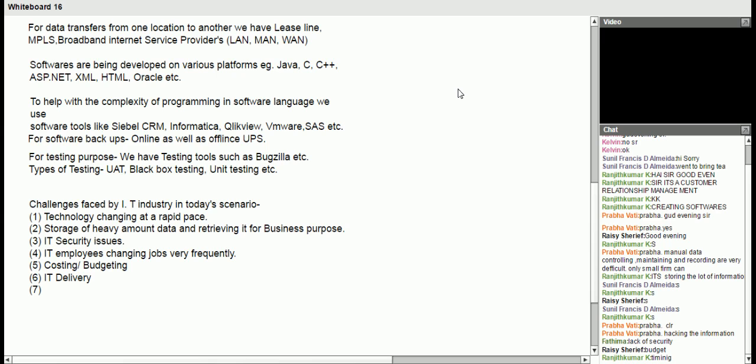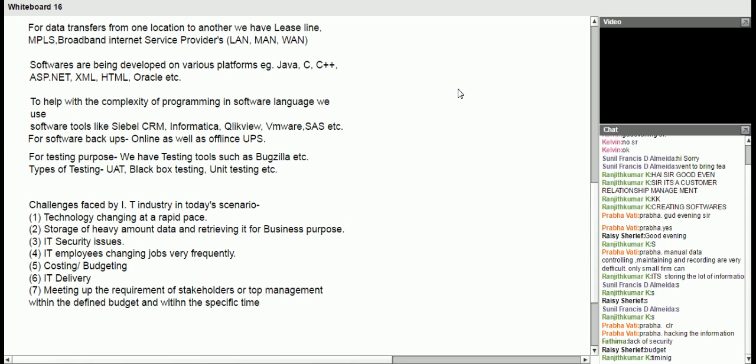Then meeting the requirements of stakeholders or top management within the defined budget and within the specific time. This is also one of the challenges.